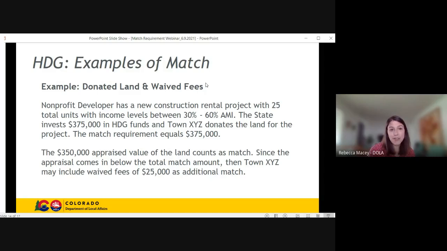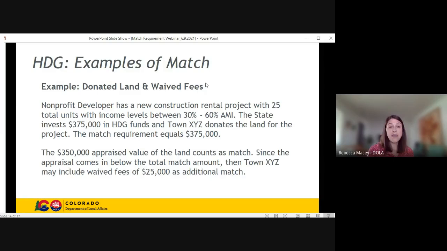In this example, we're going to talk about donated land and waived fees. For HDG, this nonprofit developer has a new construction rental project with 25 total units, income levels between 30% to 60% AMI. The state invests $375,000 in HDG funds, and Town XYZ donates the land for the project. So the match requirement is $375,000.